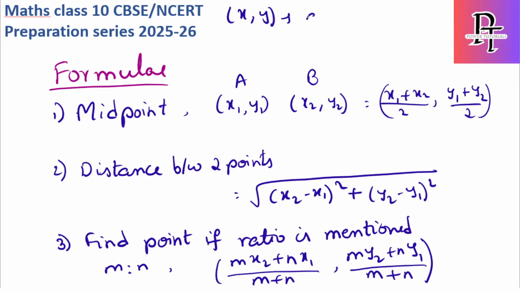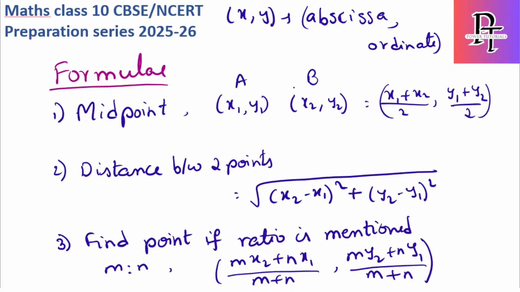So x is abscissa and y is ordinate. Hope you got it, Arjun. X is abscissa and y is ordinate. Hope your doubt is cleared.